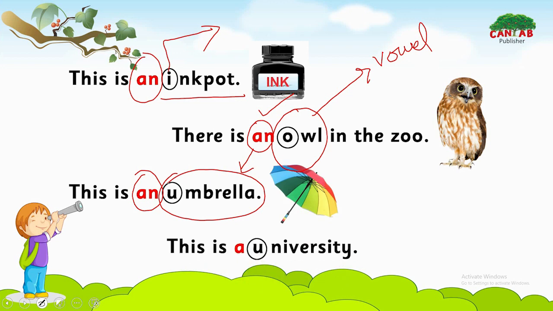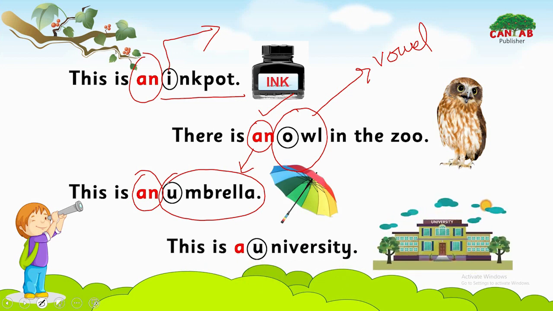The next one is, this is a university. Now you are hearing for the first time that the alphabet is a vowel, but it doesn't sound like a vowel, because if you break down university, it is U-ni-ver-si-ty.